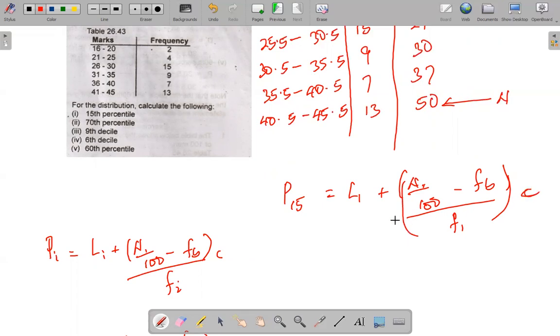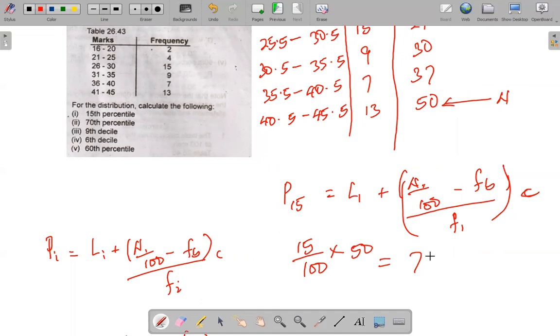The question is, how do we know what is Li and how do we know what is Fb? The 15th percentile is 15 over 100 times the total size of the data, which is 50. 50 times 15 divided by 100 is 7.5.